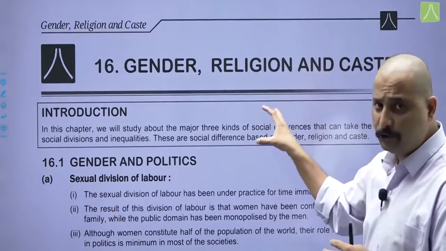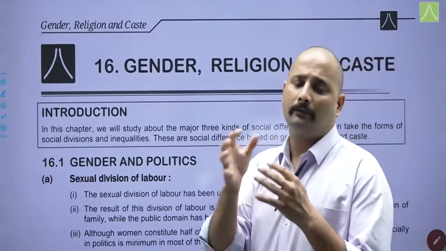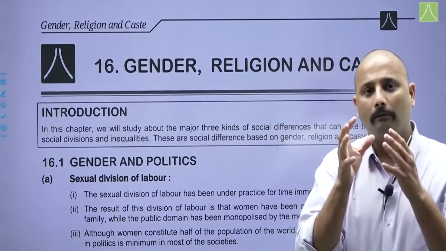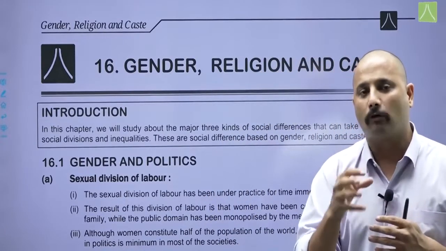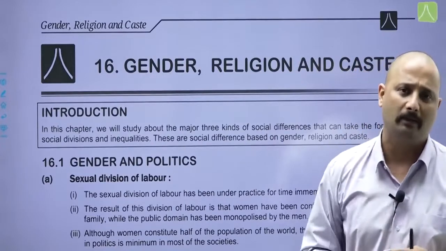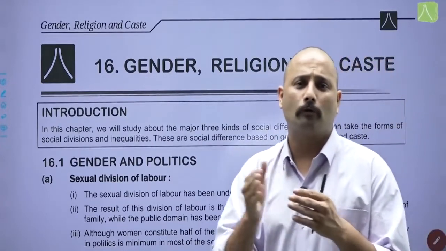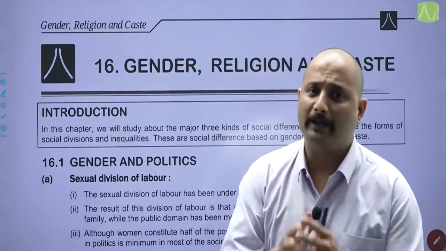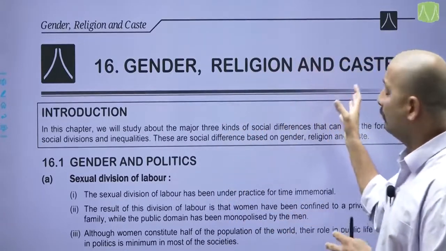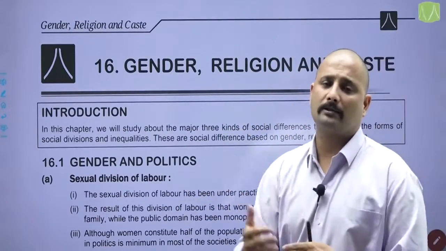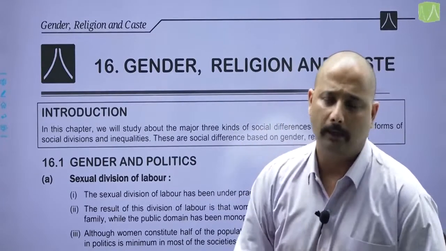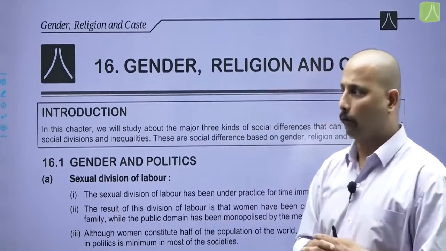Then in terms of religion, when religion is expressed exclusively in politics, it may also lead to a fragmentation or division of the country. Third, how politics is involved in caste dimensions.